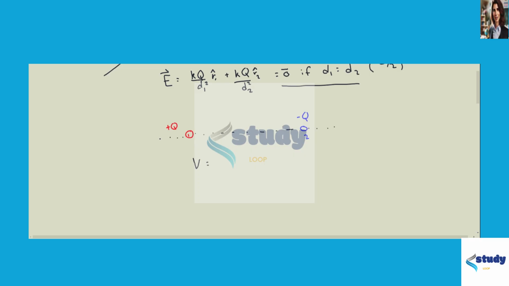V is equal to k positive q over distance 1 minus k q over distance 2. And of course, we see that that can be equal to 0 because the negative sign will allow cancellation. And that will be true if d1 is equal to d2, so smack dab in the middle between the two charges.